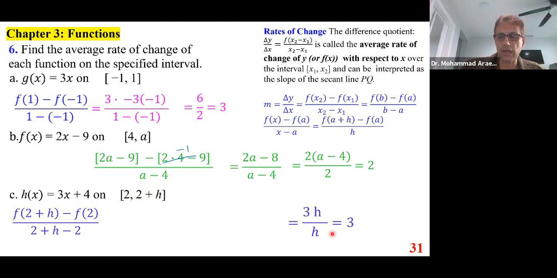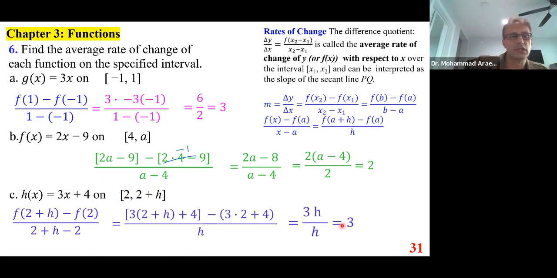For now, ignore the animation order. The intermediate steps I want to go over: 3 times 2 plus h plus 4 minus 3 times 2 plus 4 over h. As it appears, the numerator simplifies to 3h, and division by h gives us 3. But let's quickly write this at top of that.